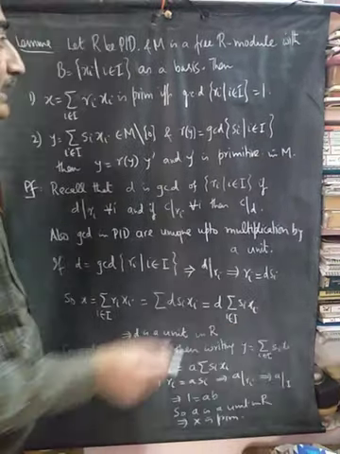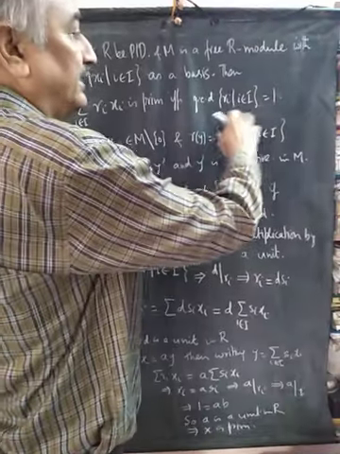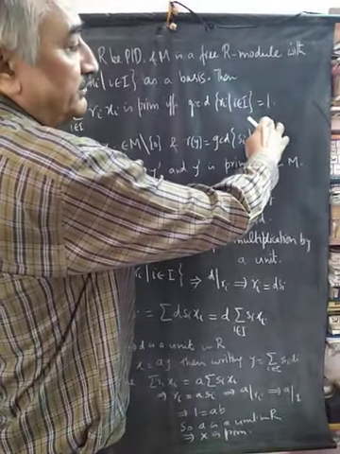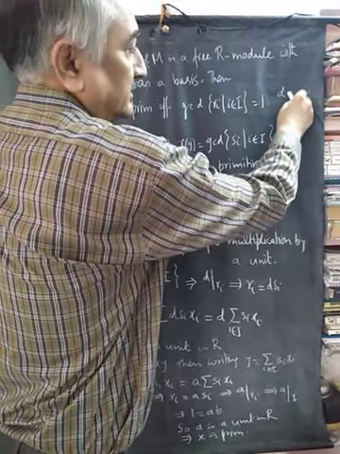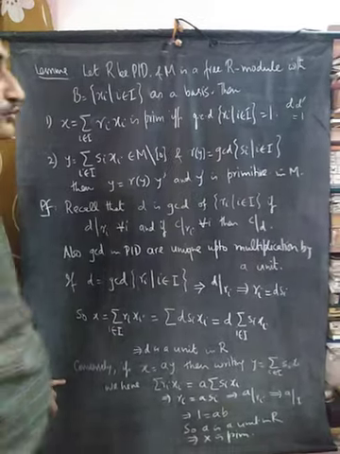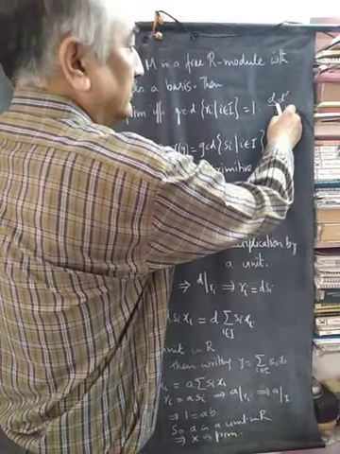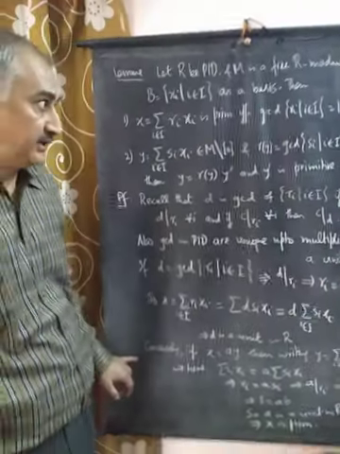So we have to show that the GCD is 1. It is equivalent to showing that this GCD turns out to be a unit, because if d is a unit and is a GCD, then 1 also becomes the GCD.